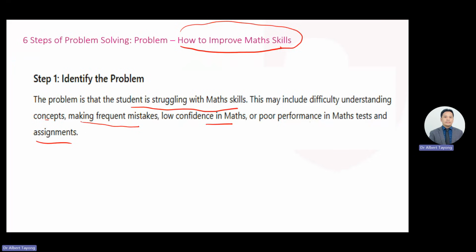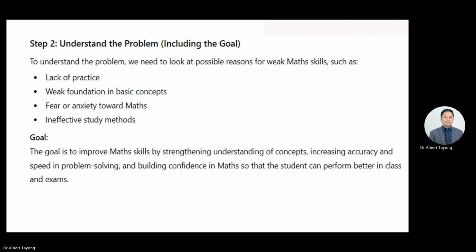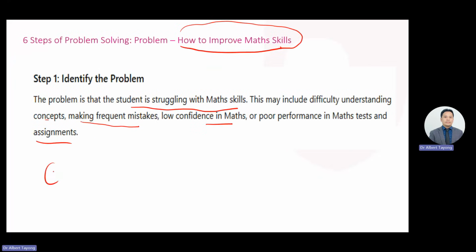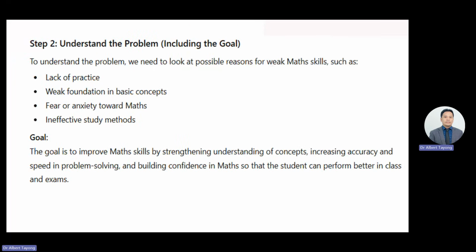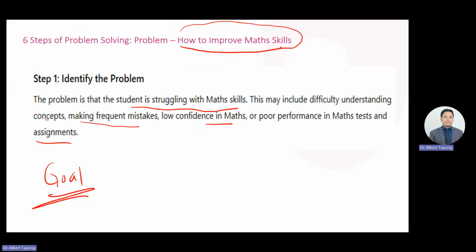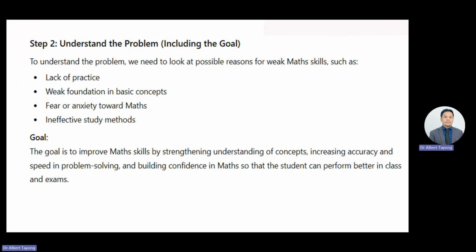So you have to assume that you are facing the problem and you are solving the problem. And what is your goal? You can include the goal here in the beginning, or after understanding the problem. It is fine. So the goal can be in step 1 or in the second step, understanding the problem.